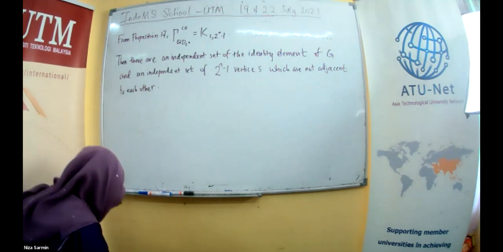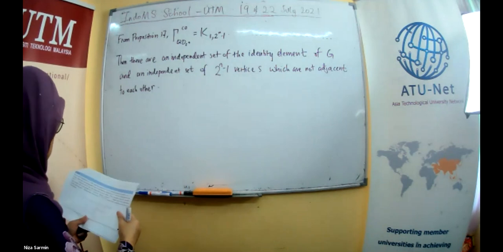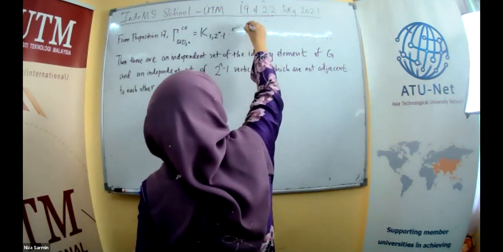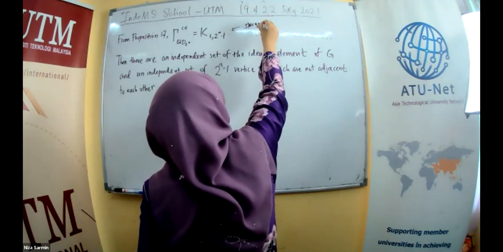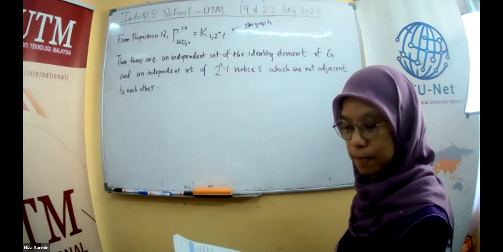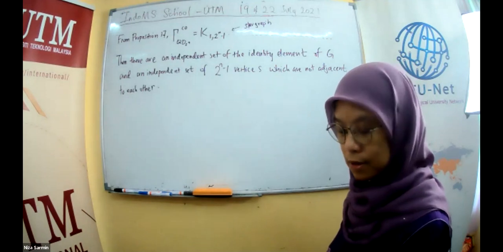So this one is actually the star graph, right? Sometimes we call this star graph, of 2 to the n vertices. All right. Okay.